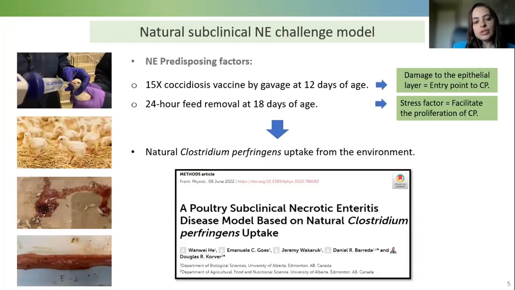One of the most interesting things that we found was that this natural approach follows the natural progression of the disease induction. So this challenge model could be a good tool to cause subclinical necrotic enteritis in broilers, and also to test potential AGP replacements when the focus is to prevent necrotic enteritis.